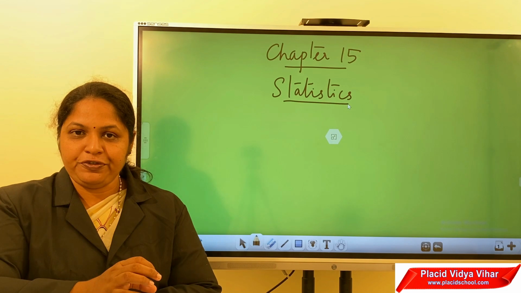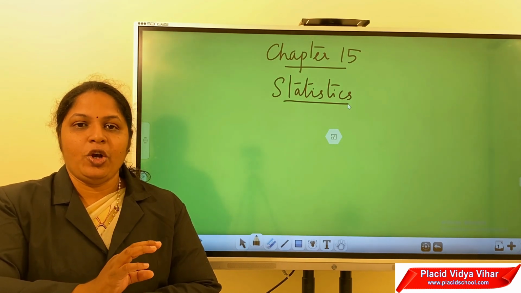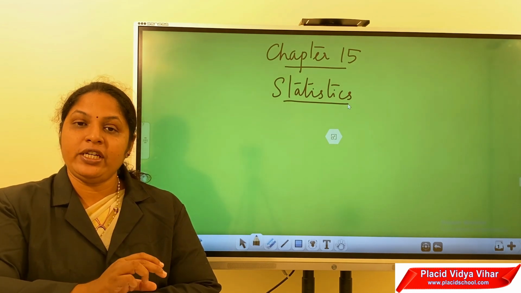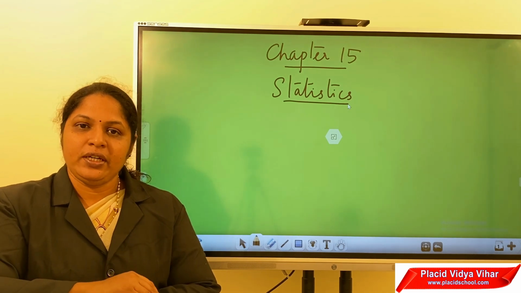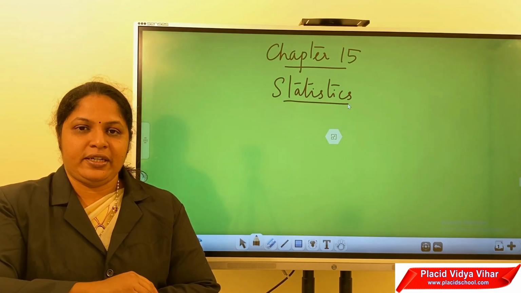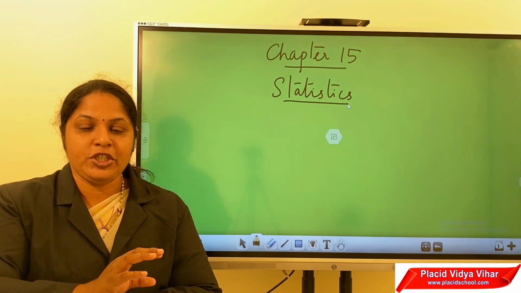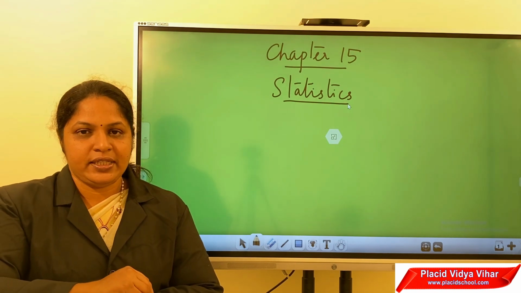If we have a set of data and find out which data point is occurring the maximum number of times, that particular value or data point is known as the mode of that set of data. These are the common measures of central tendency what we have discussed in class 10.